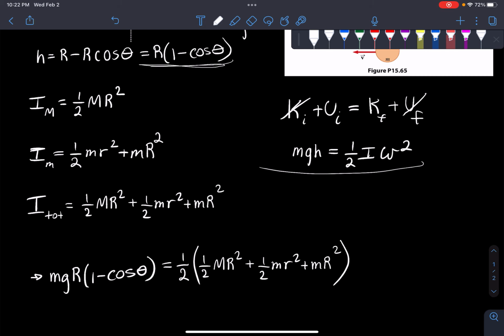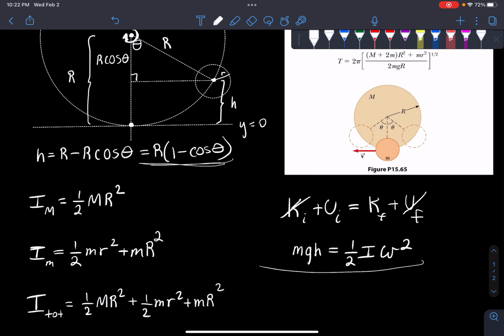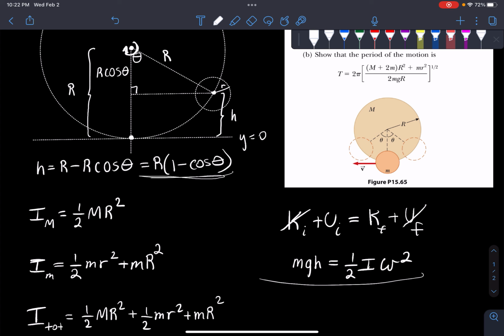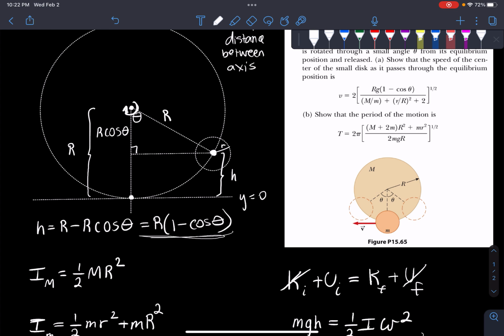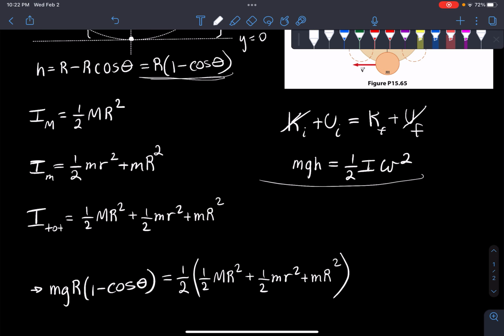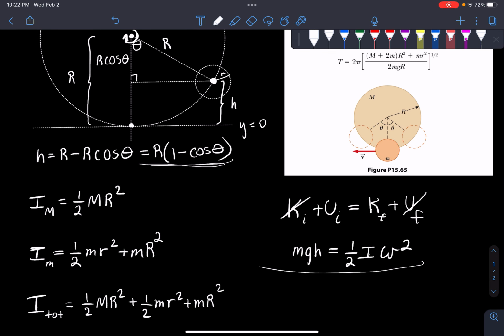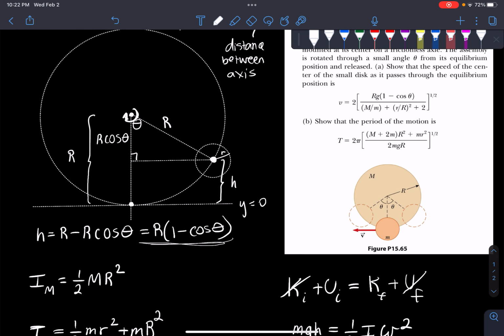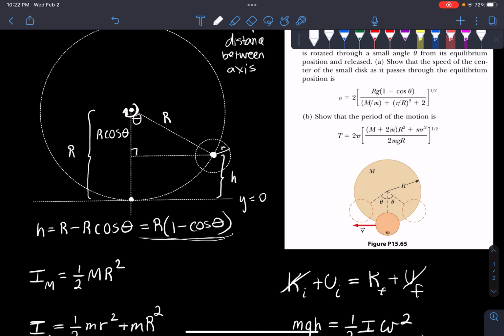Well, if we just focus on the center point of the smaller disk, which is what we're trying to eventually get, an expression for the speed of its center of mass, the speed of its center point. In this case, its center point is its center of mass.